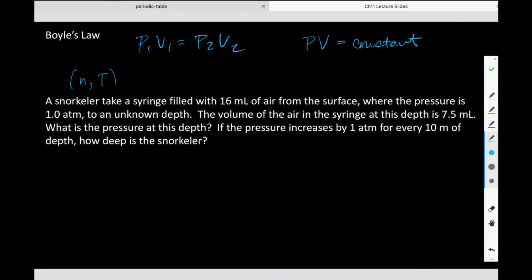Those pieces of information do not change. So if moles and temperature are constant, then pressure times volume is always the same number. So this could be 2, for example, but whatever it is, it's always the same number. So if I change one of these variables, I can predict what happens to the other one because their product must always equal the same number as long as this condition is met.